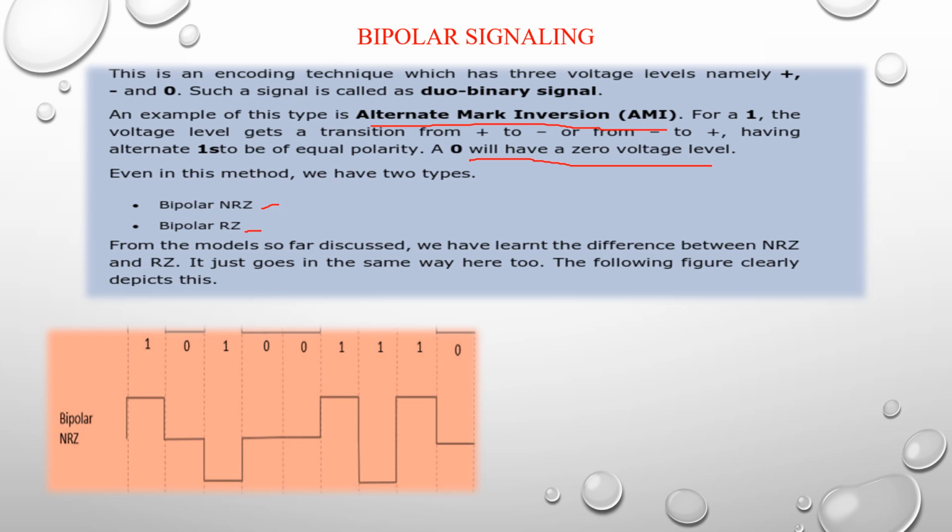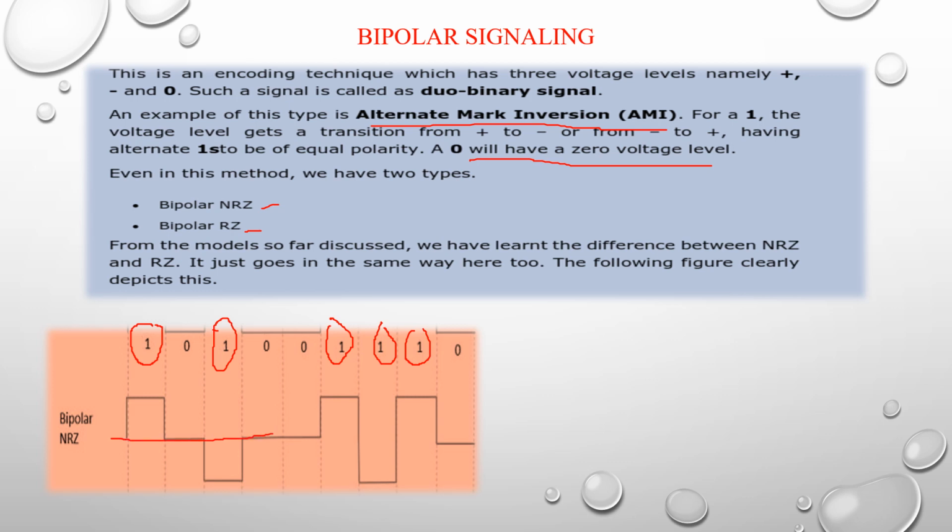So let's consider 1010011110. This is the given binary data. We have to convert this data into a line code by using the bipolar non-return to 0 technique. So here in bipolar signaling we consider only the 1 values, and 0 levels we retain as they are.